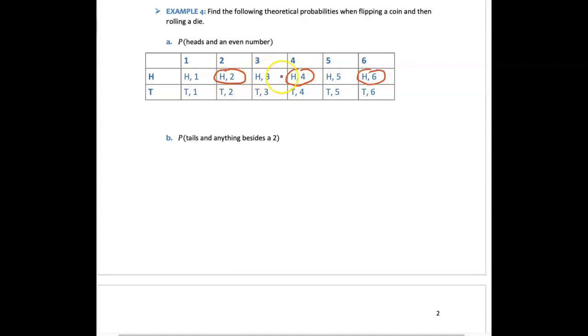So there are those 3 outcomes where you flip heads and roll an even number. So 3 outcomes with heads and even out of 12 outcomes total in the sample space, which reduces to 3 out of 12 or 1/4 probability.